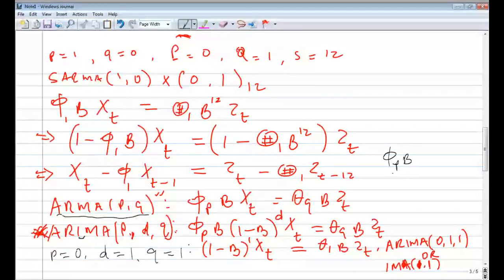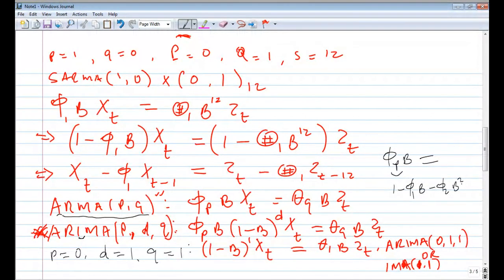So that is why at the end of the day I said this one is the same as 1 minus phi 1 B minus phi 2 B squared, and so on. This is the order of p. So if p is equal to 2, in other words, it's autoregressive of order 2, we are going to have these two.